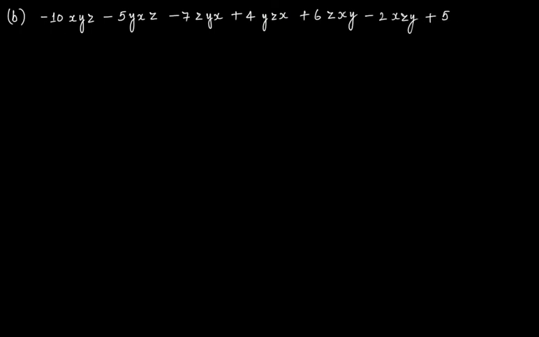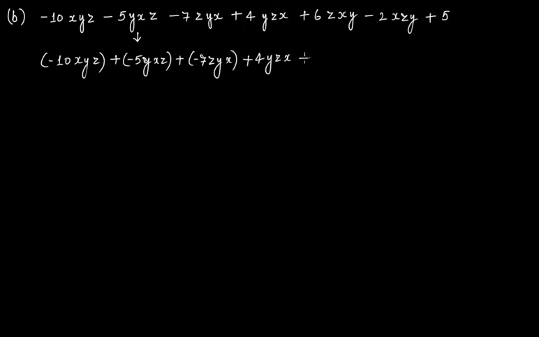Now let's write it in this way: within the bracket minus 10xyz, plus within the bracket minus 5yxz, plus within the bracket minus 7zyx, plus 4yzx, plus 6zxy, plus within the bracket minus 2xzy, and plus 5.